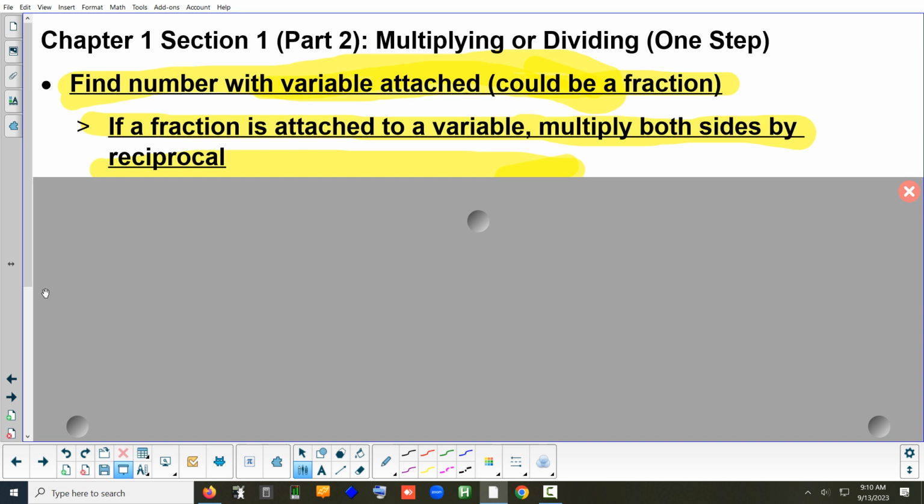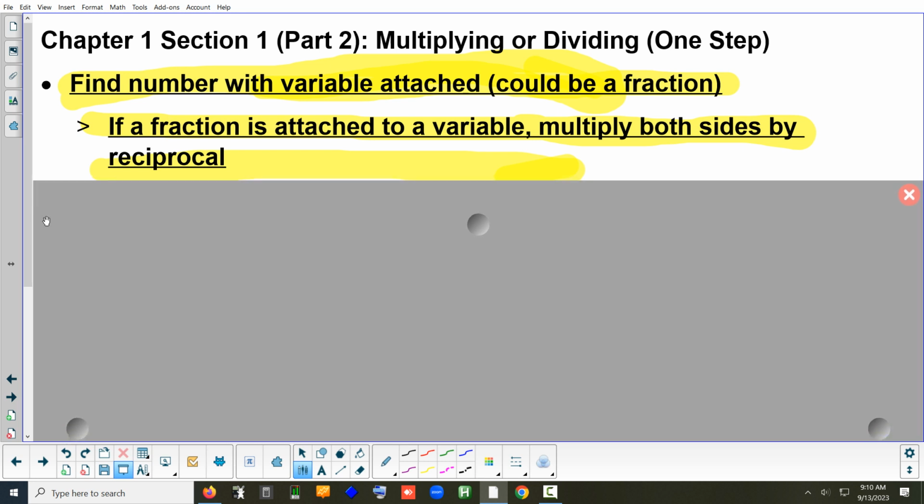If the number that's attached to the variable is a fraction, you're going to multiply both sides of the equation by the reciprocal of the fraction. Okay, so that's one case you could have today. Multiply both sides by the reciprocal of the fraction.